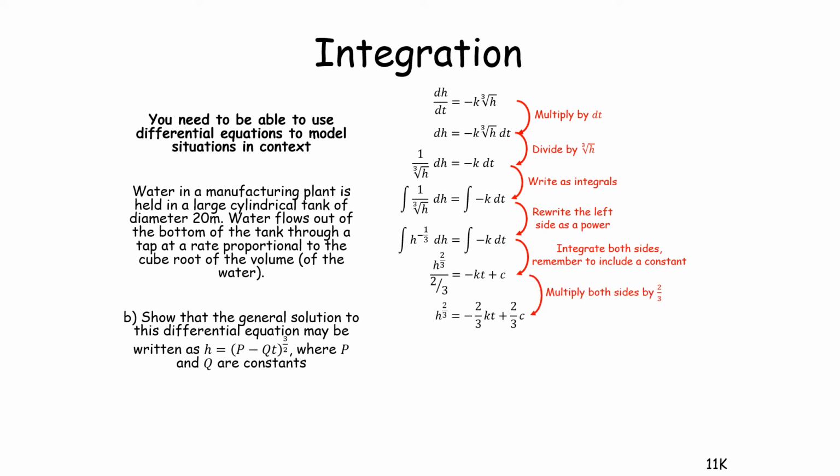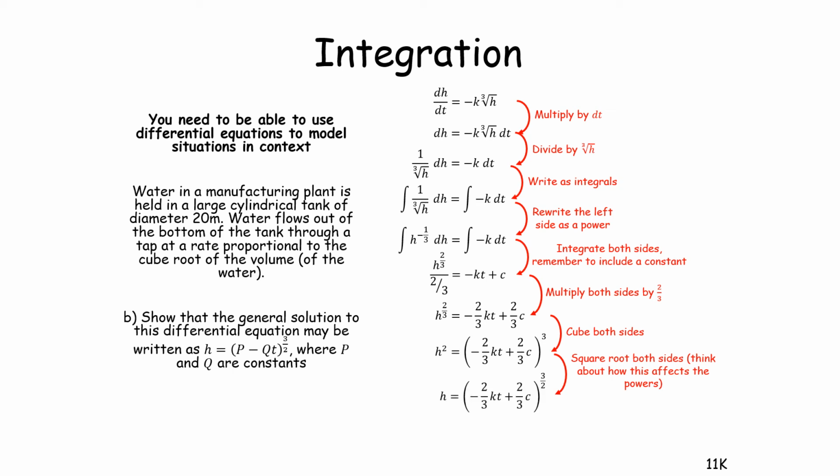And if I multiply both sides by 2/3 and cube both sides, that gives me h squared, and then I could square root both sides. So we could further simplify this by swapping the order of the terms inside the bracket.